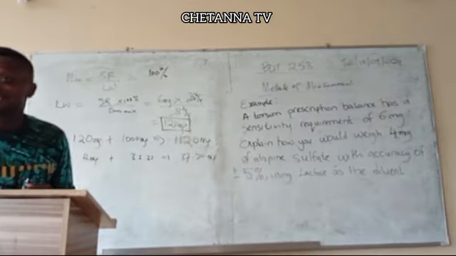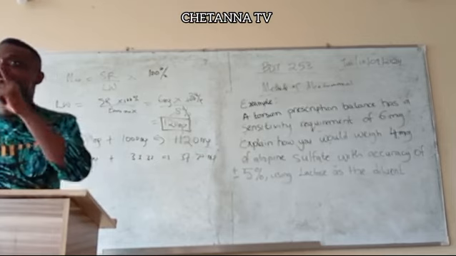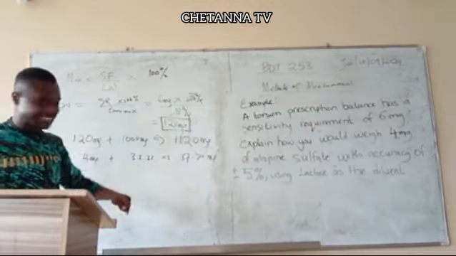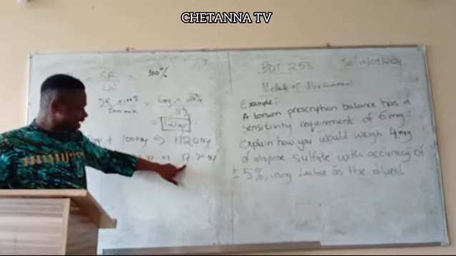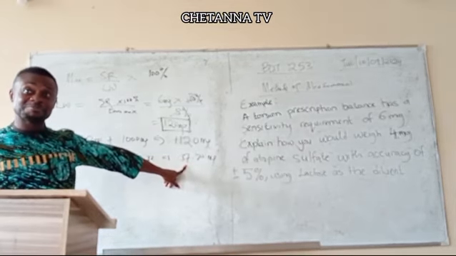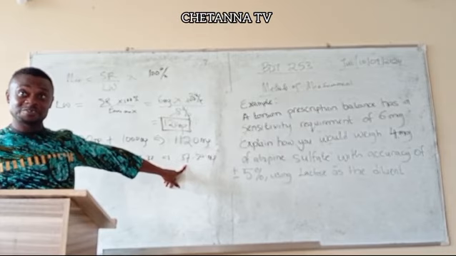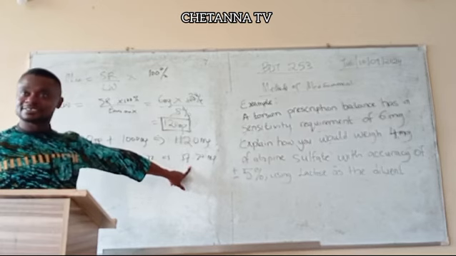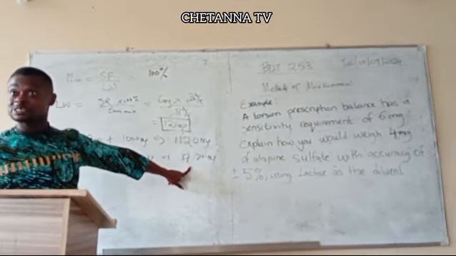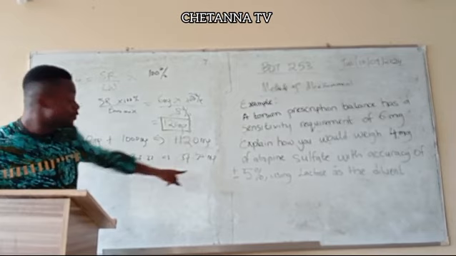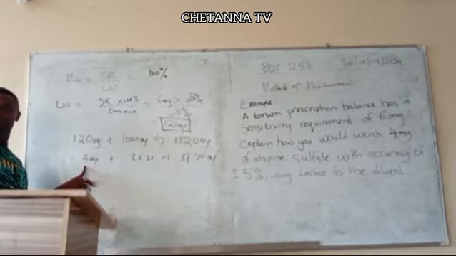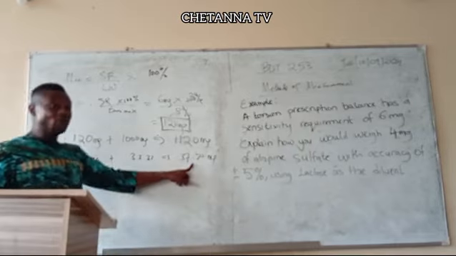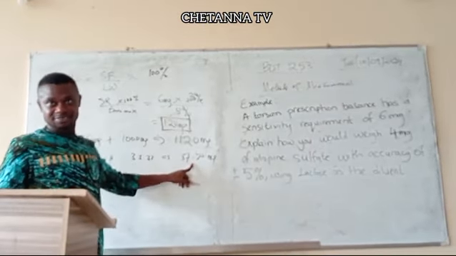Had it been that this thing here is up to 120 milligram or above, we would have gotten our answer. But we cannot weigh this thing with the weighing balance. It's still below what? Even though it contains 4 milligram, it's still below what?